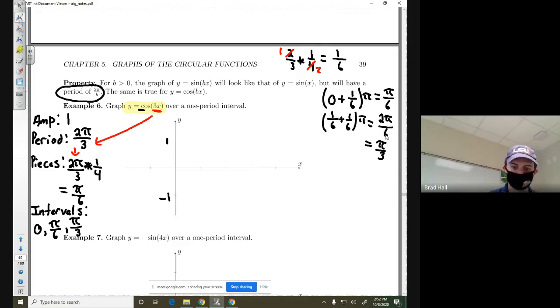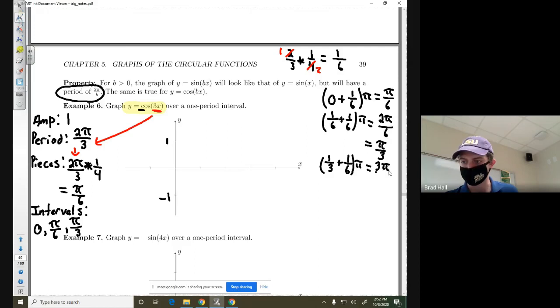That's π/3. And then we add to π/3, or 1/3, another 1/6, and then throw the pi back in at the end. So 1/3 plus 1/6, you end up getting 3/6, so 3π/6, but that's just π/2. And then we have one more. So π/2, which we'll look at 1/2, plus another 1/6.